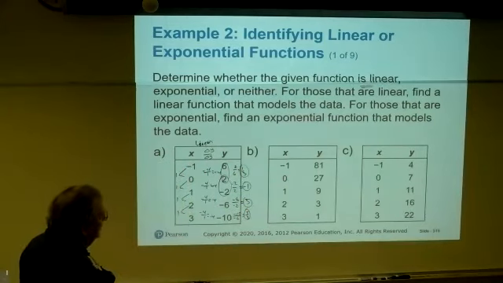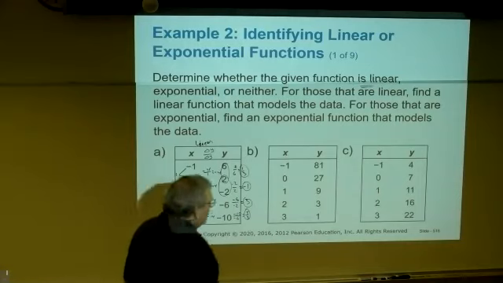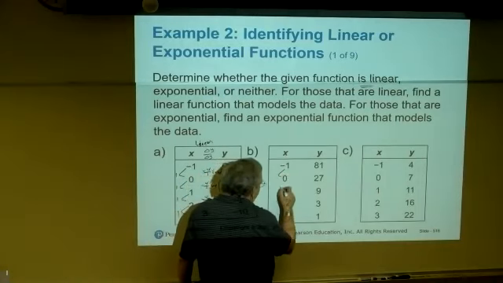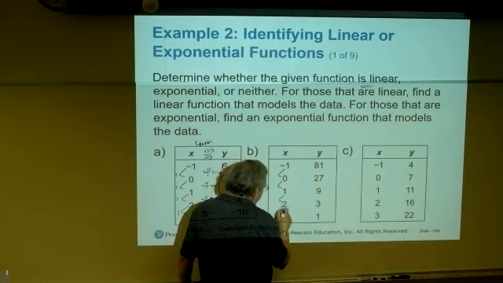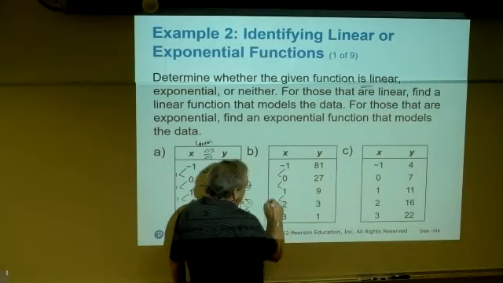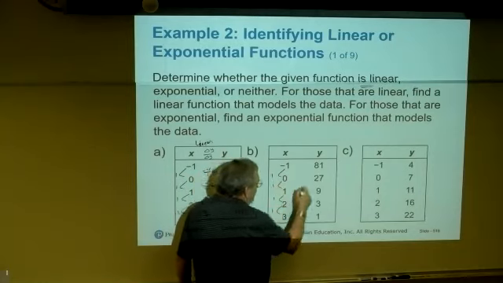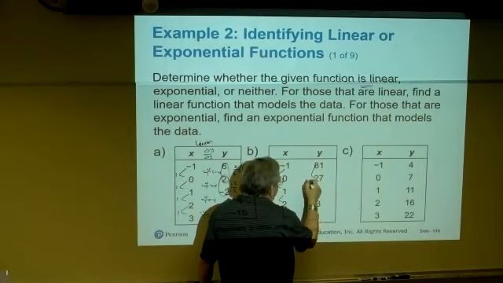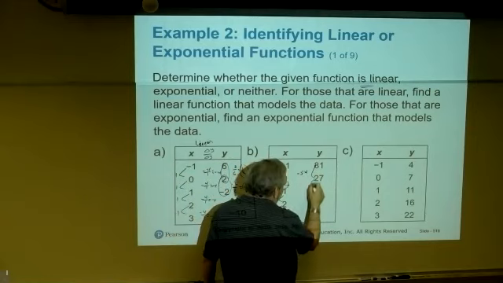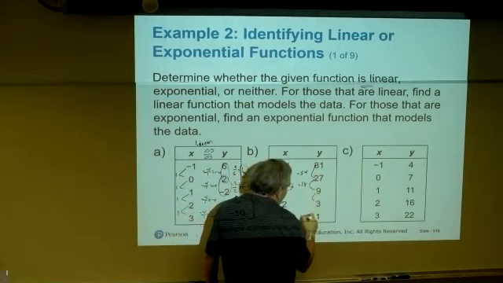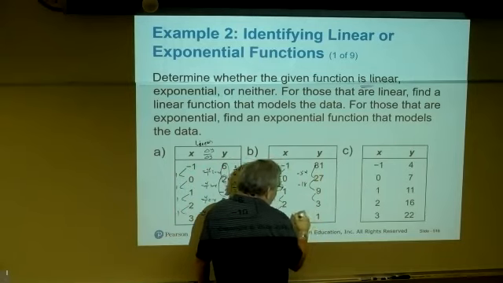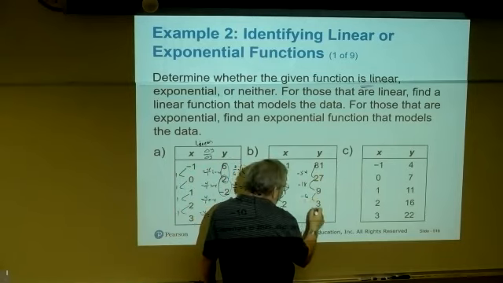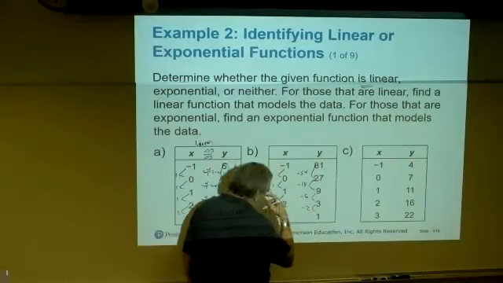So now we look at letter B. Again, all my changes in x are 1 and 1. My change here is a -54. My change here is a -18. My change here is a -6. And my change here is a -2.